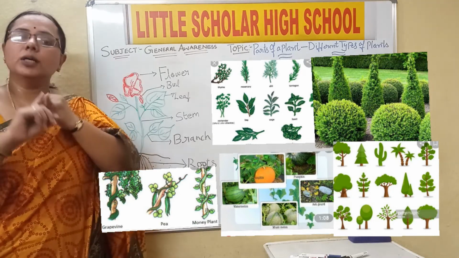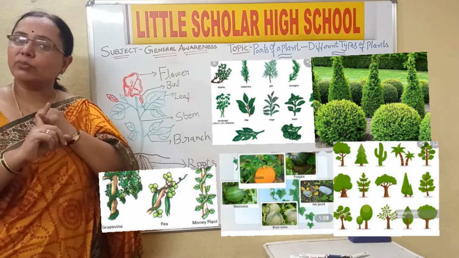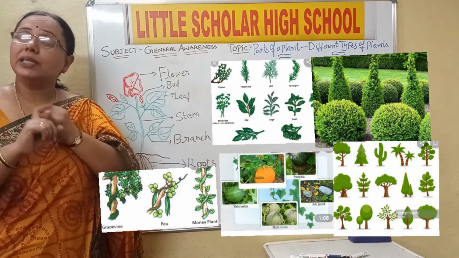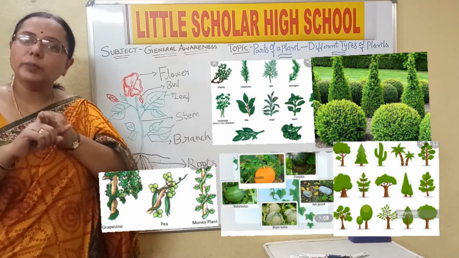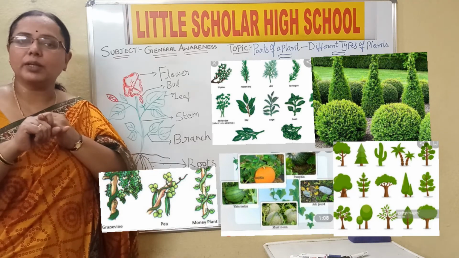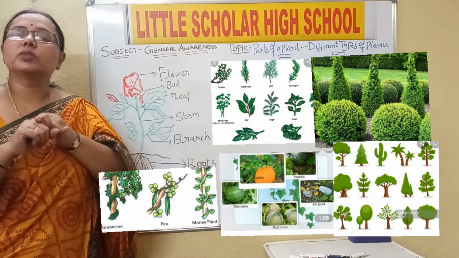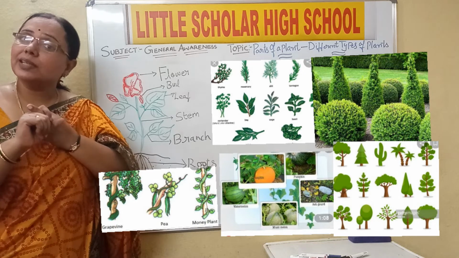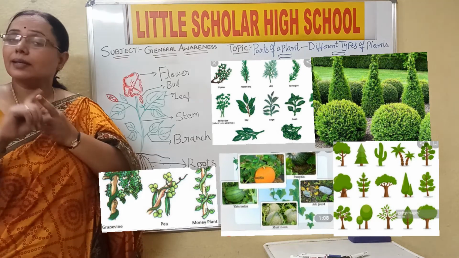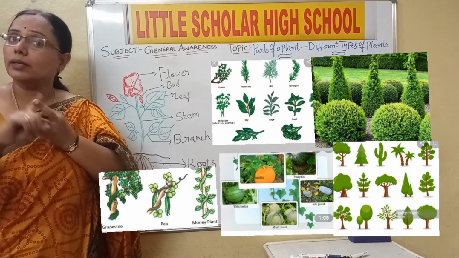So herbs, like we have mint. Mint means pudina. Shrubs are plants; many flowering plants are shrubs. Then we have the climbers, like the money plant or grape plants.